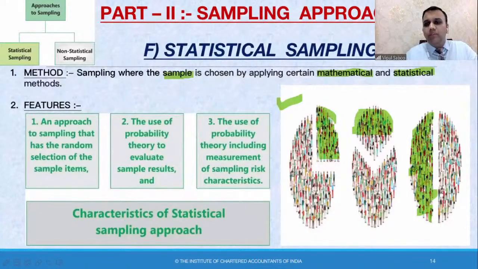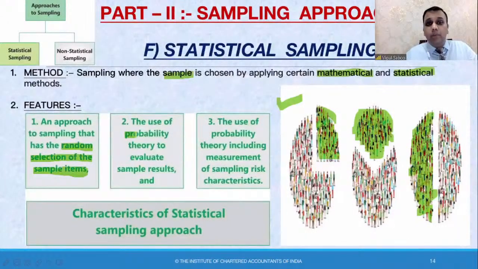So there were some statistical techniques or mathematical formulas or any process used to derive a sample out of the population. Now the features of this kind of sampling: an approach to sampling that has a random selection of the sample items. The selection is random, but this random selection is based upon some mathematical technique.